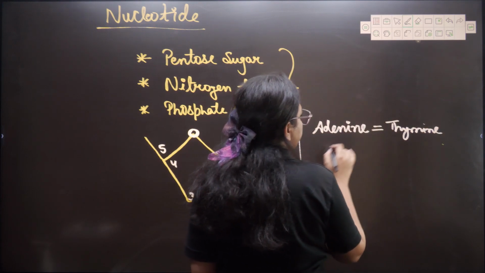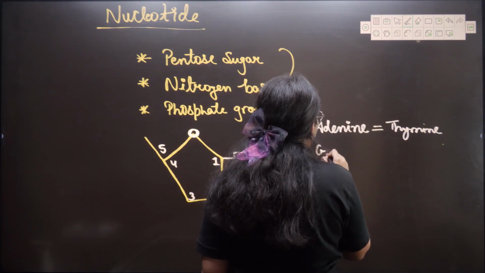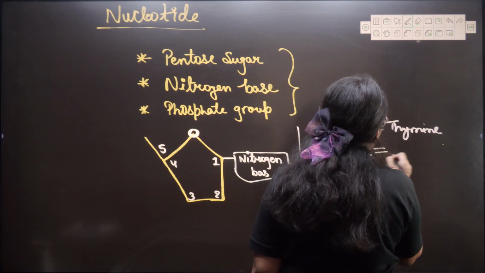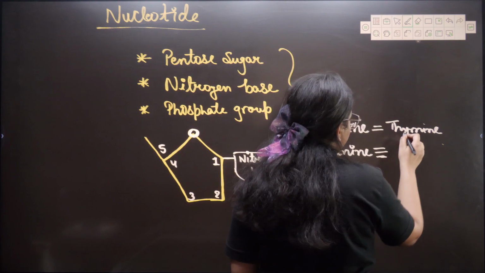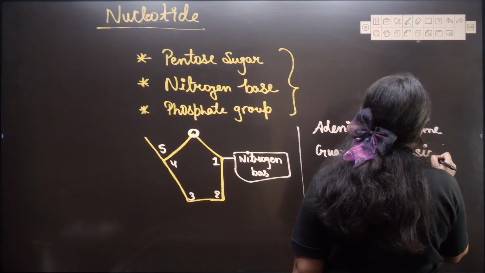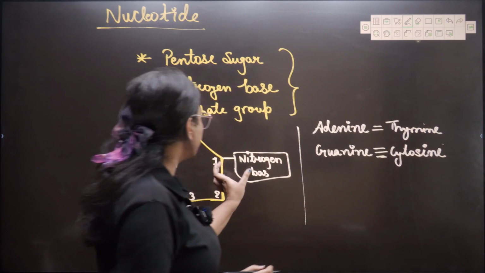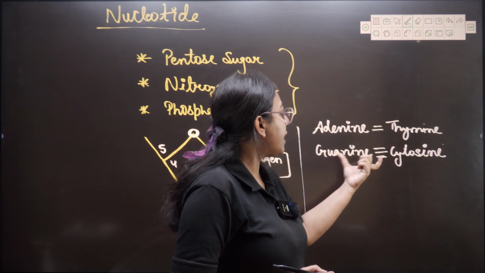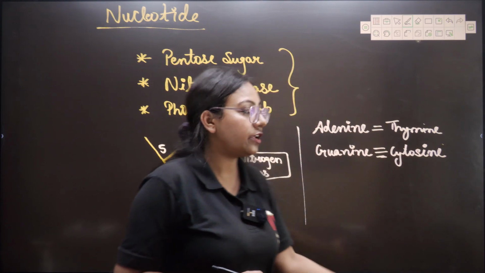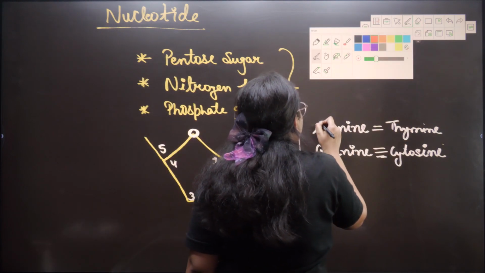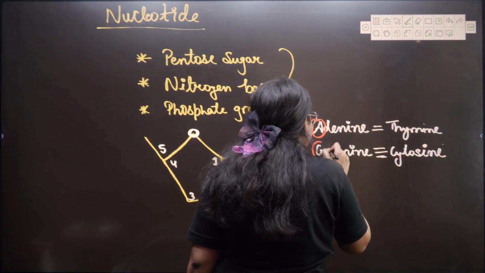And then the second one is guanine, making a triple bond with cytosine. These are all the types of nitrogen base. Adenine makes a double bond with thymine. Guanine makes a triple bond with cytosine. This you need to understand, you need to learn, and if you want to learn it, just learn it by AGTC.